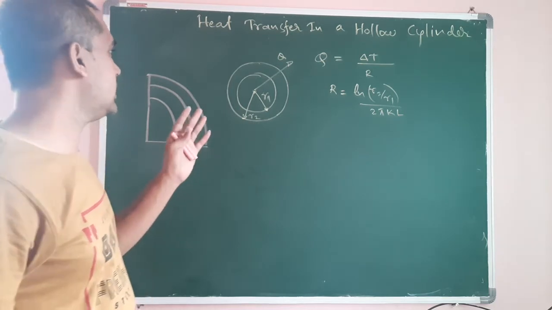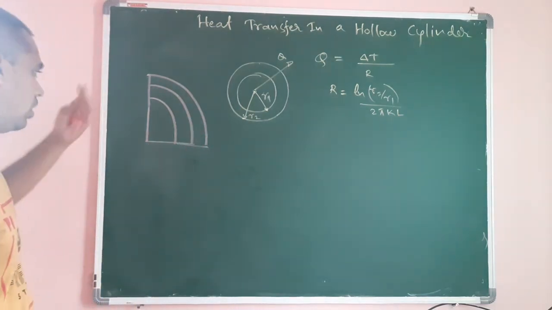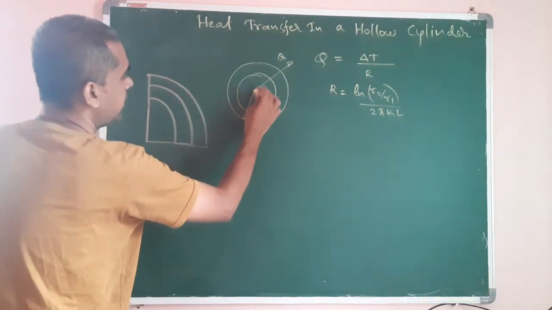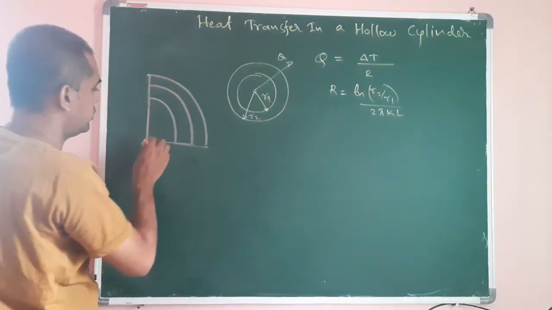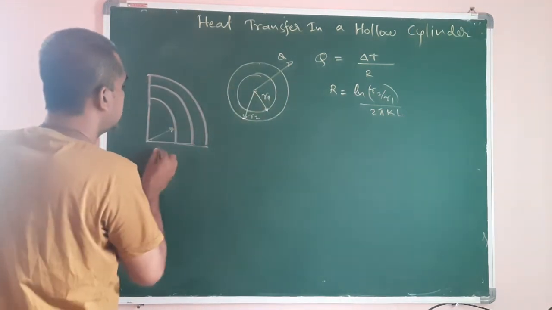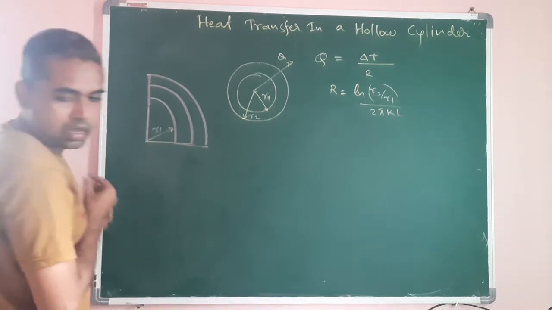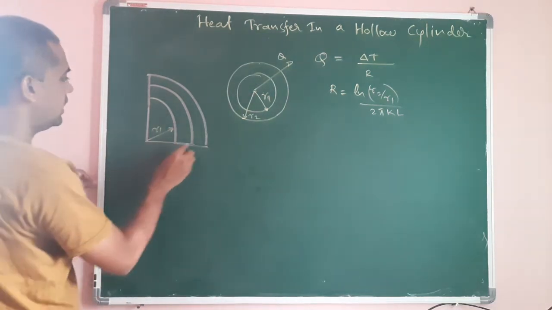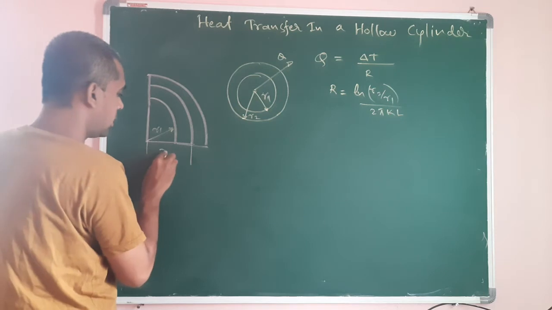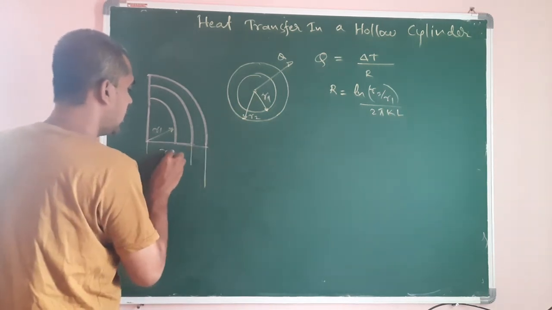Suppose there is a hollow cylinder, and if I cut it in between and draw only its quarter portion. R1 is the radius here, this radius is R2, and this radius is R3.